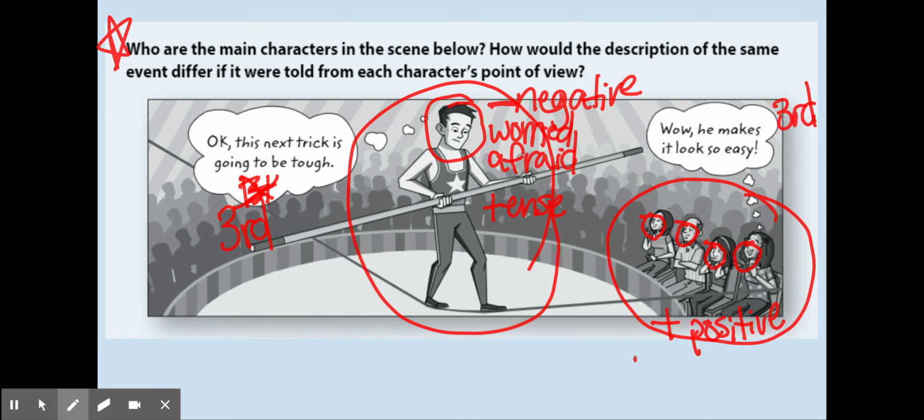They think this is cool. They're excited. Impressed. And I can tell by their faces that they are these things. Okay. And now they're each different, even though they're going through the exact same event.